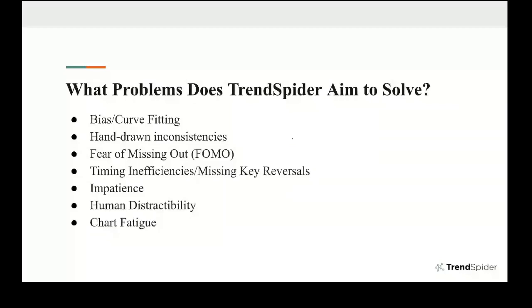Technical analysis is great, but if you don't use it the right way, if you use it from your biases, if you look at every chart differently, where you're not drawing the same trend line consistently, all of these things make your analysis over time kind of meaningless because you're not following the same set of rules. That's what TrendSpider is here to do: you create your plan, and then you stick to that plan through drawing your trend lines, drawing your fibs, and creating your own conditional alerts. All of these things are there to put you in place to follow a plan, follow a strategy, and remove the emotion.